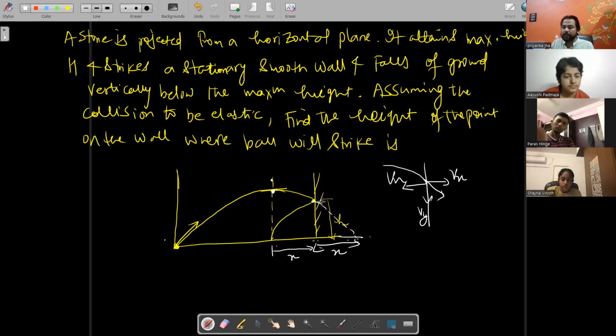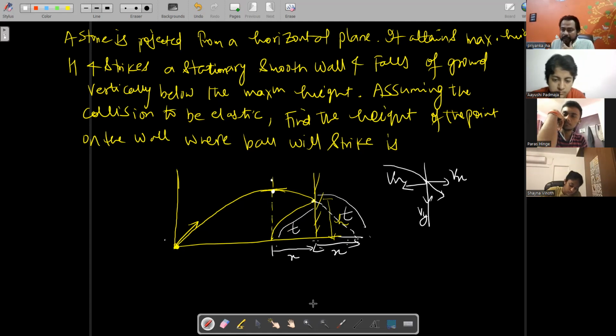Initially it had horizontal component Vx, and because the collision is elastic, it reverses with the same horizontal velocity. It will travel the same distance either way, so the time taken to travel this distance or this distance must be the same. Suppose this is t, so this must also be t.